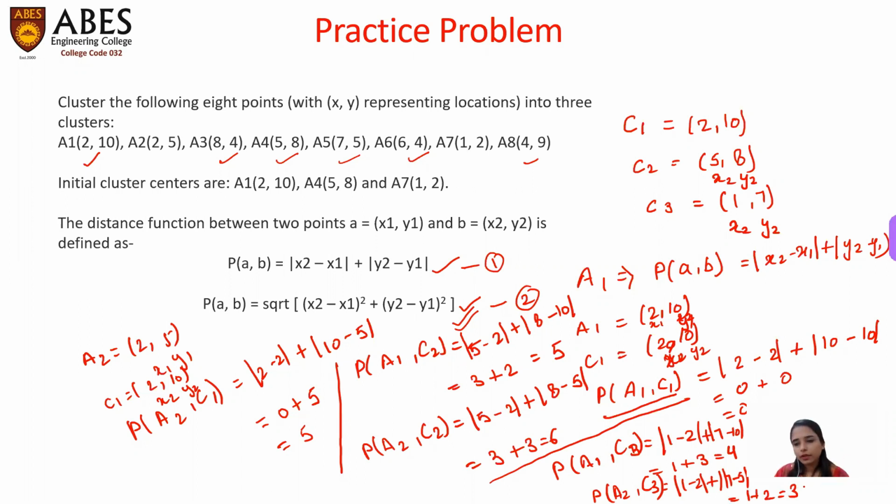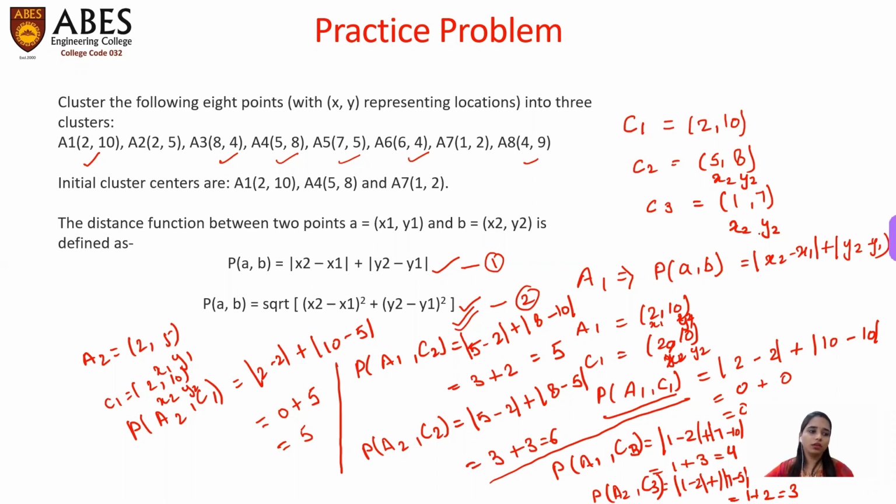So we have calculated the distance for data points A1 and A2 here, and we will calculate the distance for all 8 data points one by one with the centers of all clusters. Then we will assign our data points to the given cluster centers on the basis of this distance.